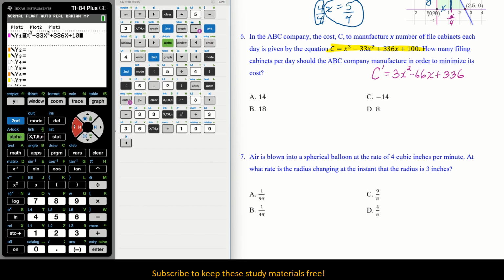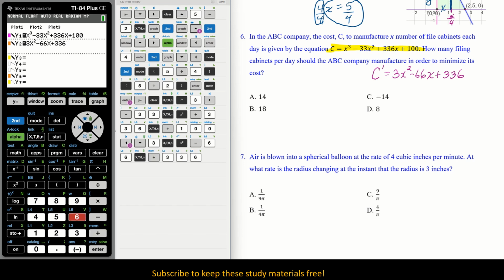Now this is our C prime: 3x squared minus 66x plus 336. Okay, and let's graph.